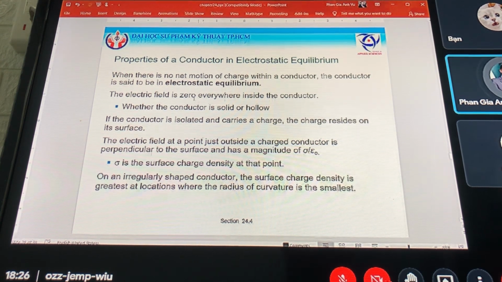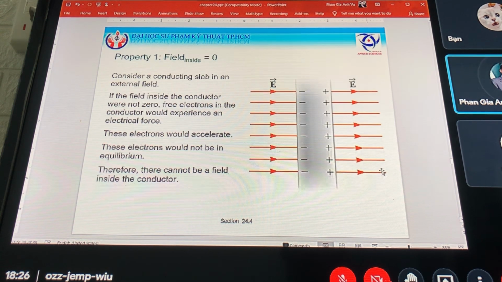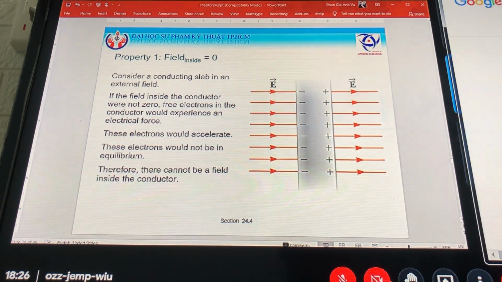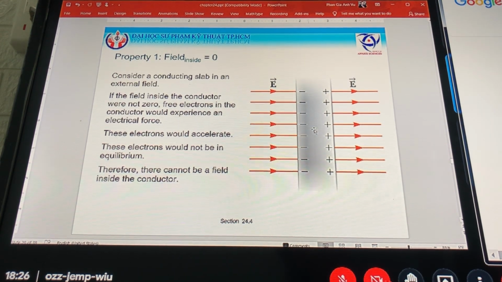Then when you have a piece of metal and put it in an electric field, in the very special case, let's say you have here a uniform electric field and you put a piece of metal, this one, into the electric field.